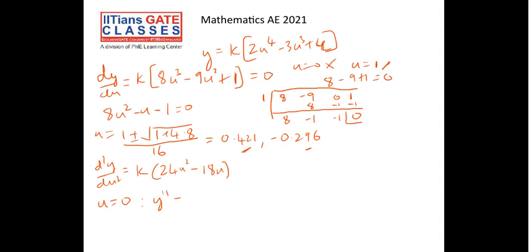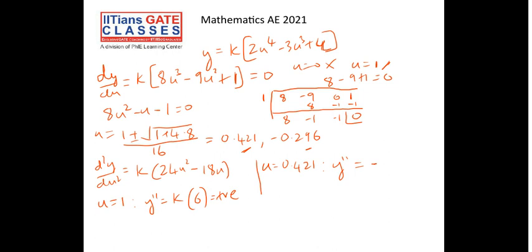At, sorry, not u is equal to 0, u is equal to 1, y double dash comes to k into 24 minus 18, which is 6. This is a positive value. Hence, u is equal to 1 does not form a maxima. It forms a minima, to be more specific.